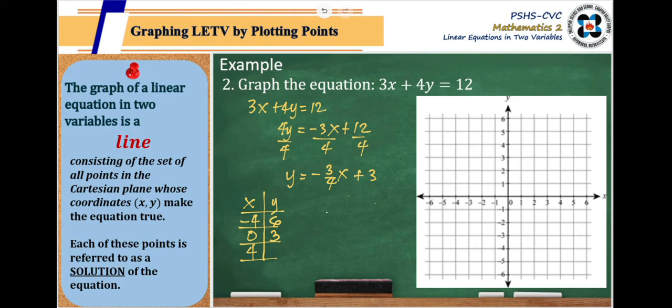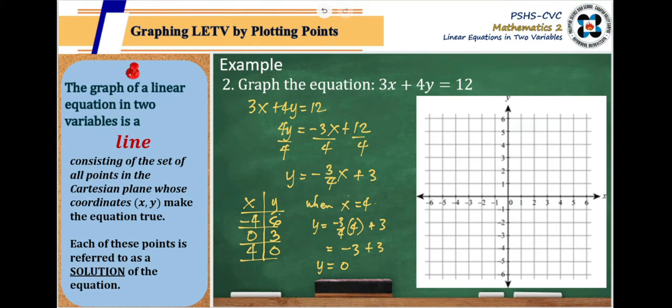And then last, when x is equal to 4, we have y is equal to negative 3/4 times 4 plus 3, or that is negative 3 plus 3. So what do we have? y is equal to 0. So when x is 4, we write y is equal to 0.